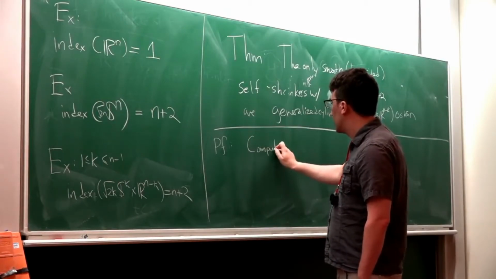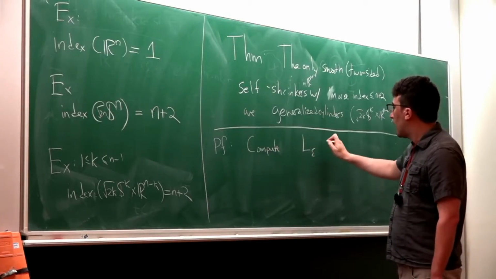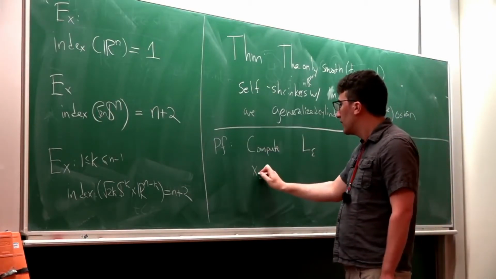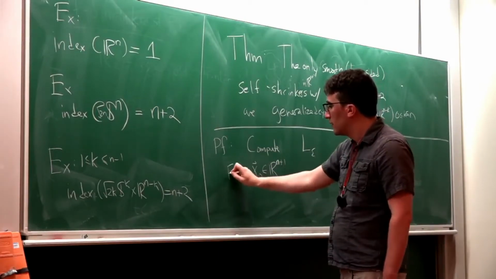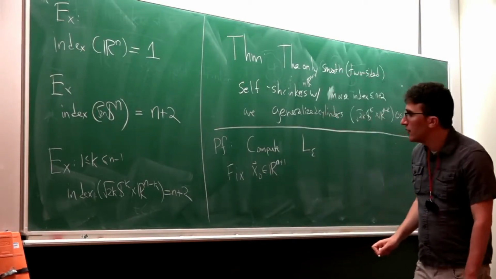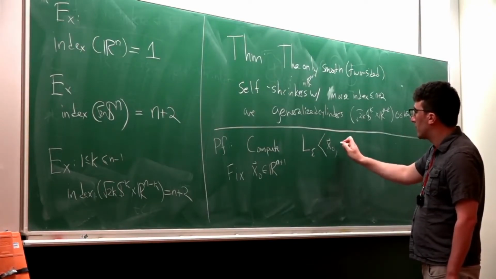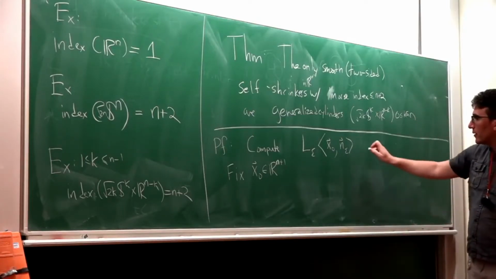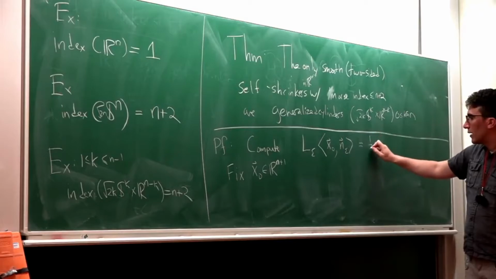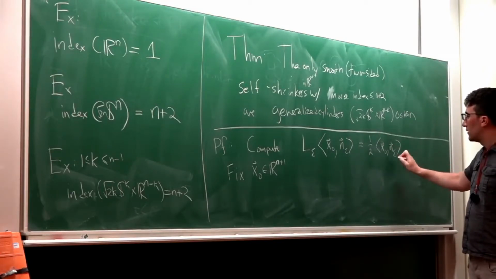Again, I probably won't do this because I'm lazy, but if you fix any vector x naught in R^(n+1), compute the inner product of x naught with the normal, and apply the stability operator to it, then you get 1/2 of it.